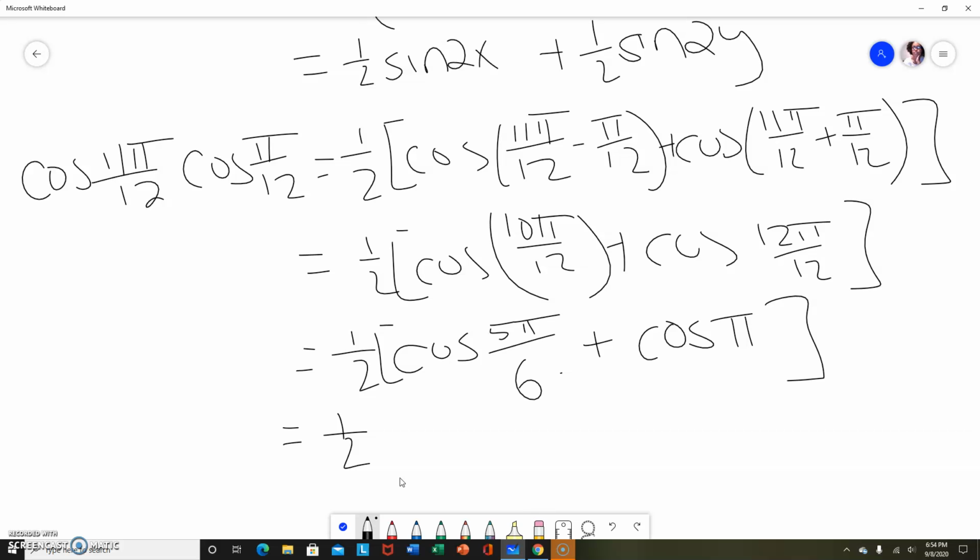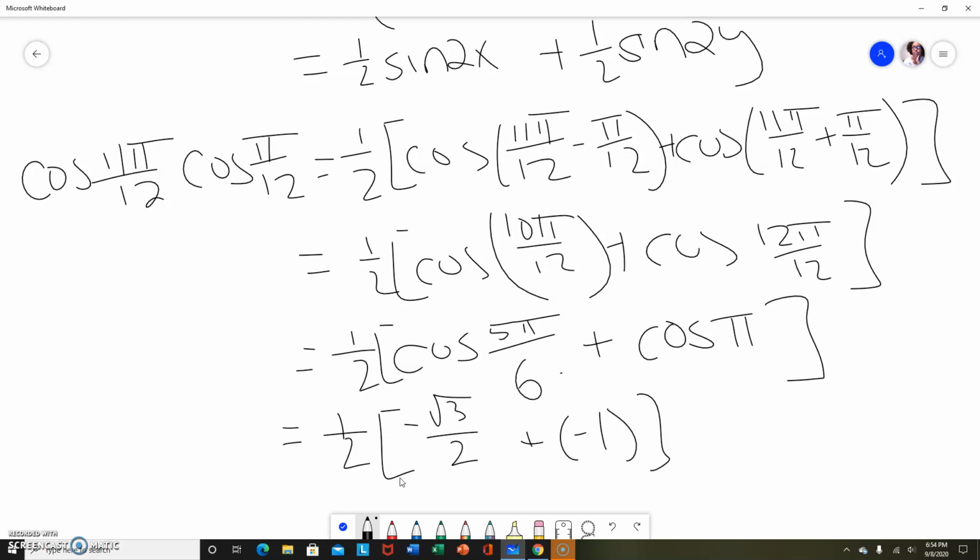So cosine of 5 pi over 6 is going to give me negative square root 3 over 2 plus cosine of pi is negative 1.